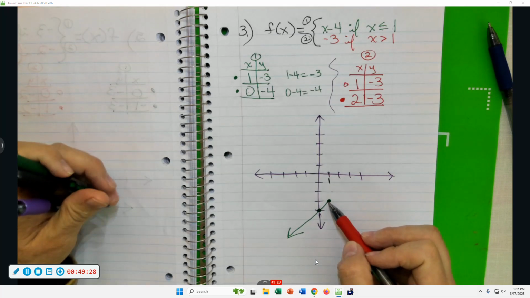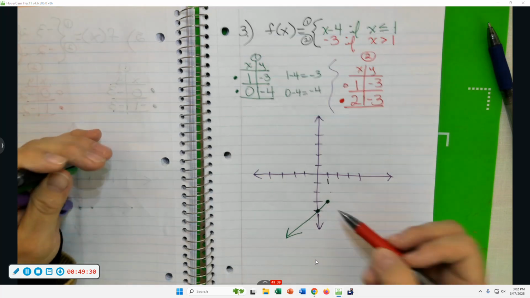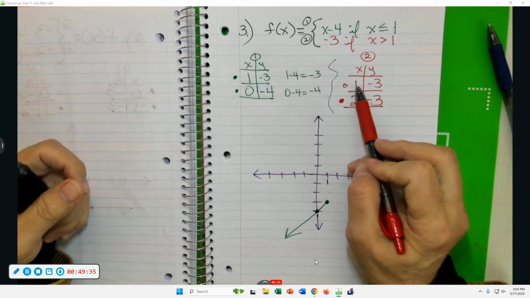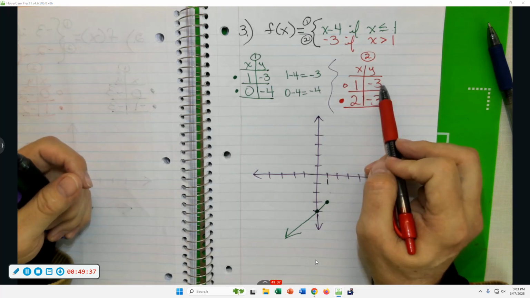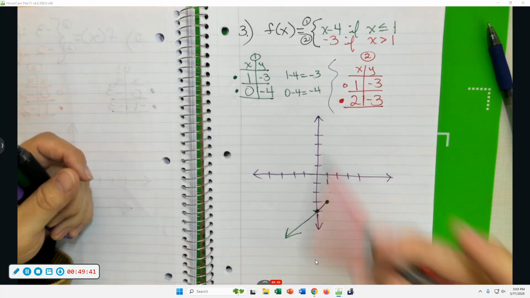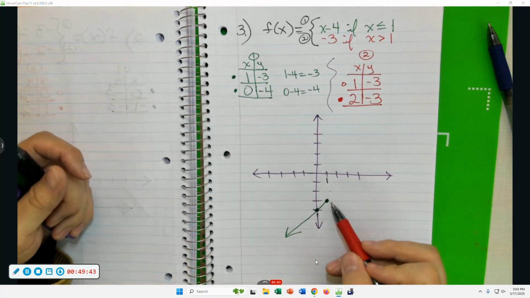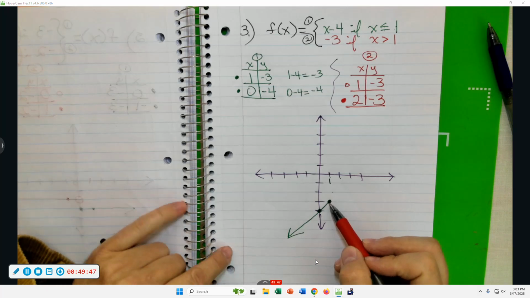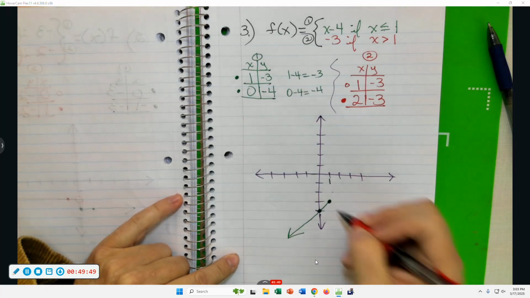Closed dots take precedence over open dots. Why? Well, this open dot is saying 1, negative 3 isn't on the graph. But yes, it is. It's on the graph for the other piece. That's why if you have an open and a closed dot occurring at the same spot, your graph will have a closed dot. So there's my starting point.